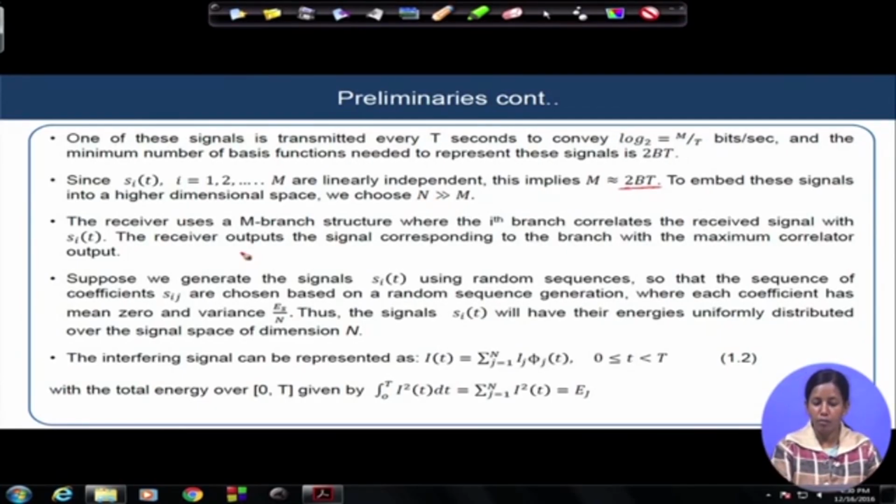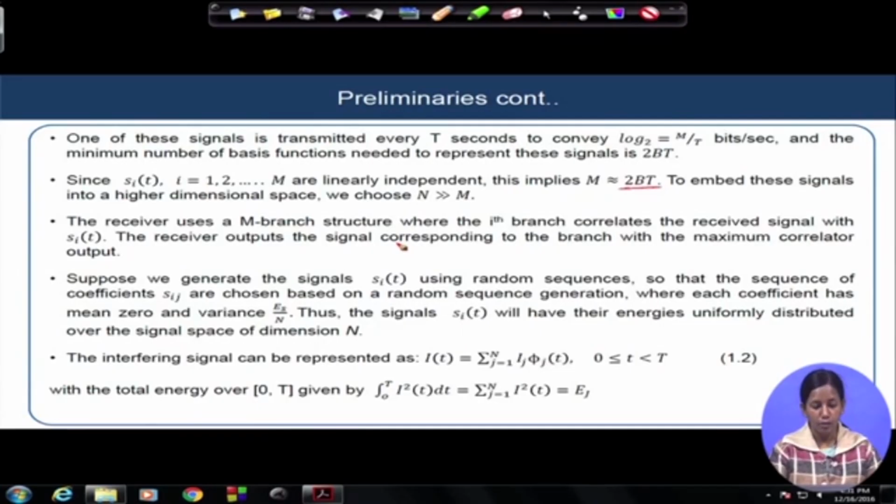So the receiver now uses only the M-branch structure, where the ith branch correlates the received signal with the known signal s_i(t), and the receiver outputs the signal which corresponds to the maximum correlated output.